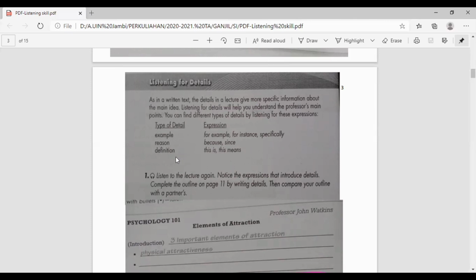If he or she wants to explain the definition, they will say this is or this means. So when you listen to these expressions, it means the sentences which come later are the supporting details, or the details to explain more about the main idea.